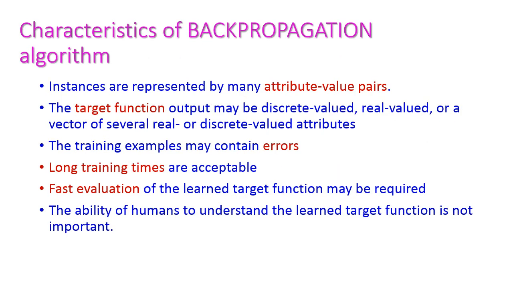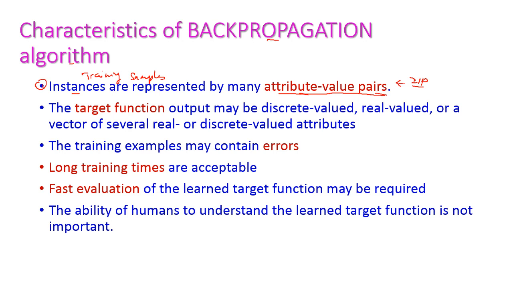Next, let us see the characteristics of the backpropagation algorithm. The first one is that instances are represented by many attribute value pairs. Instances are nothing but the training samples. All the training samples have their own attribute value pairs, and these are given as input to our network.